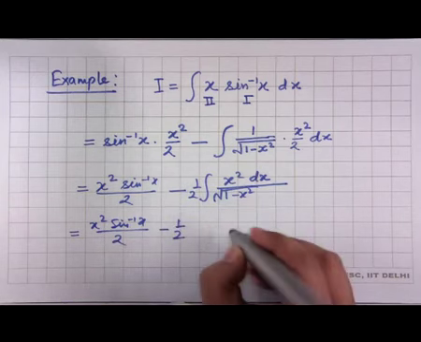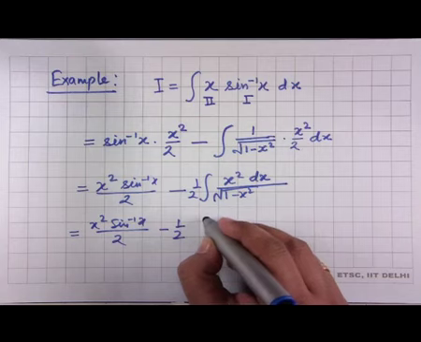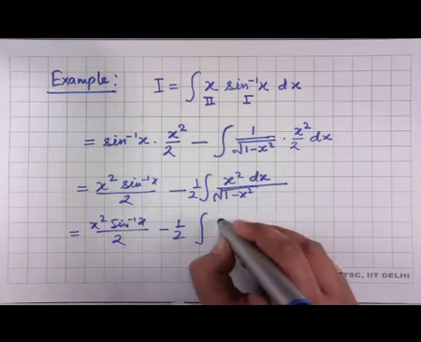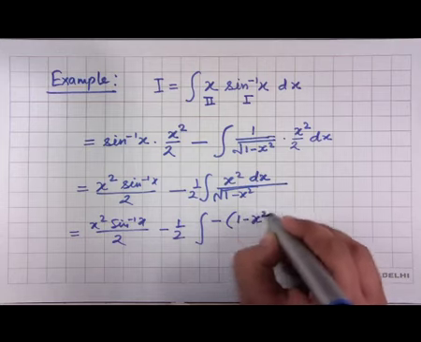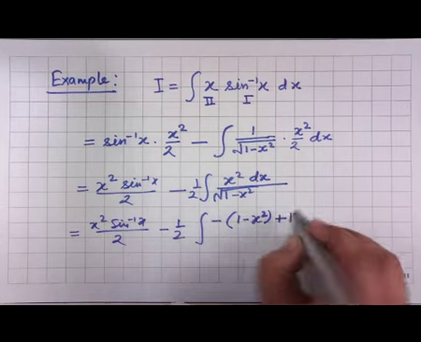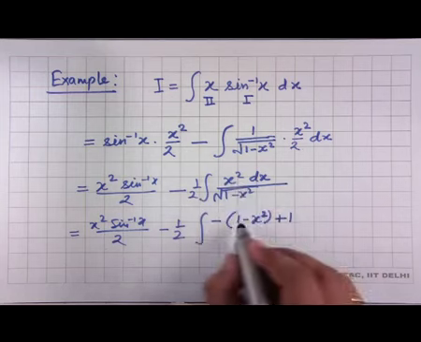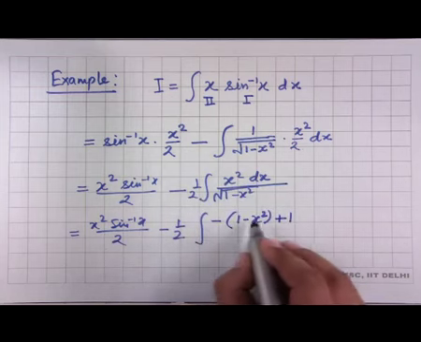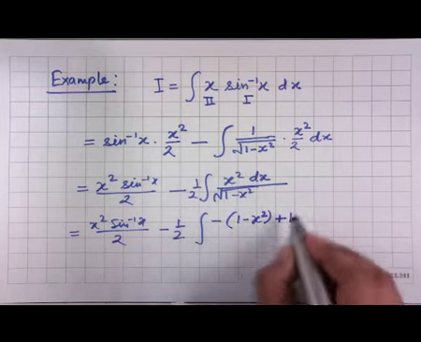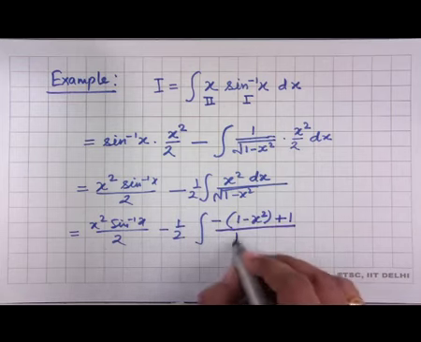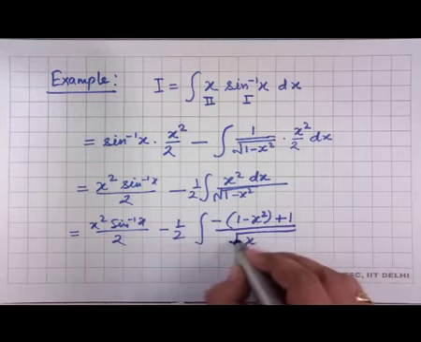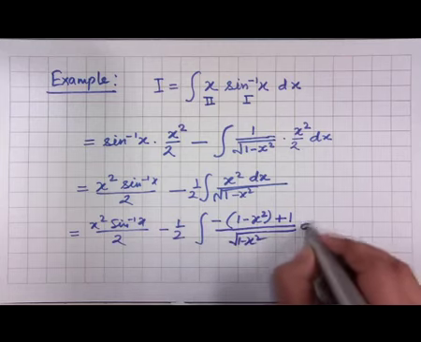This integrand I write as minus of 1 minus x square plus 1. What did I do here? I have added 1 and subtracted 1, so minus 1 plus x square plus 1, and the 1 gets cancelled. So I get x square divided by square root of 1 minus x square dx.